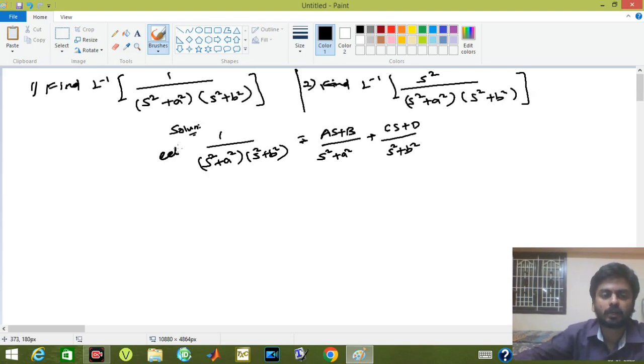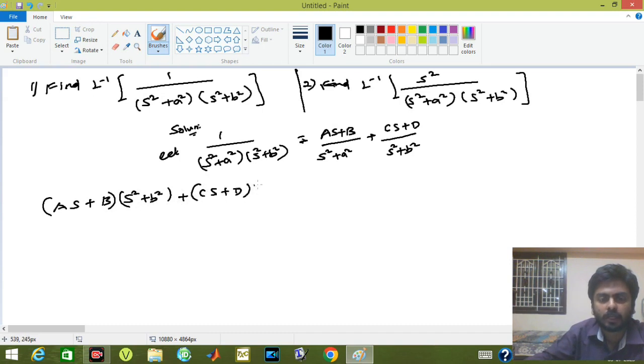Now we can take the LCM: (as plus b) into (s square plus b square) plus (cs plus d) into (s square plus a square) equal to 1.